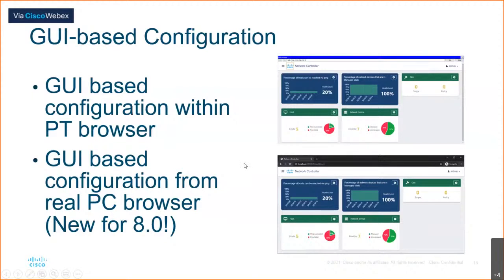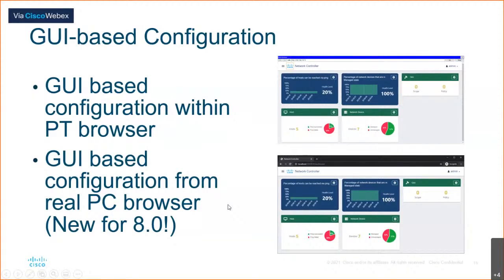So yes, the GUI-based configuration and access to this network controller is now supported both from the simulated PC browser and also from outside of Packet Tracer, from the real world into the simulated world of Packet Tracer and into this network device. And by the way, this feature is completely new to Packet Tracer 8. It was not available even in this special Packet Tracer build in the DevNet Associate VM.